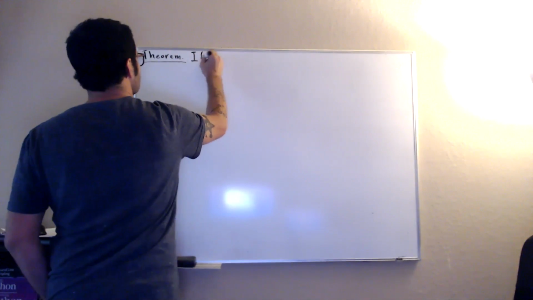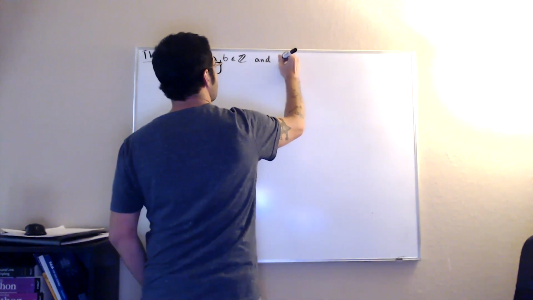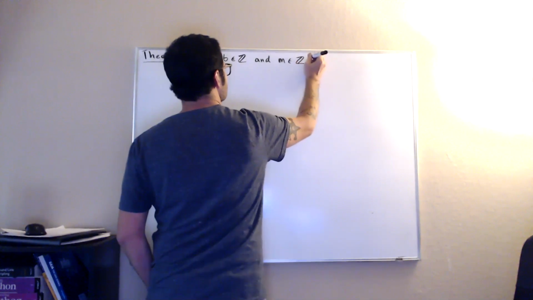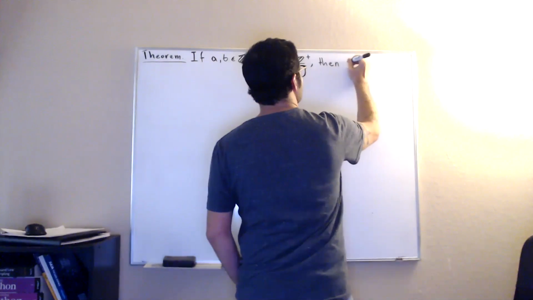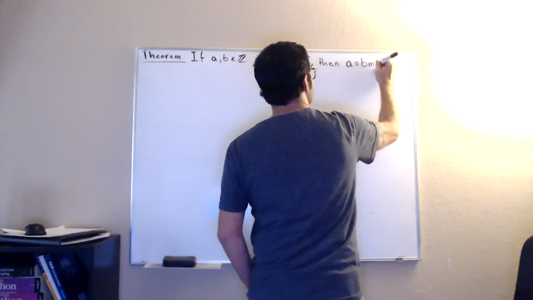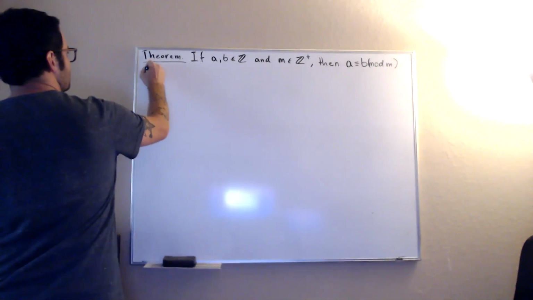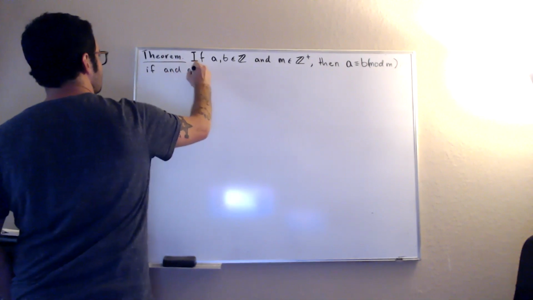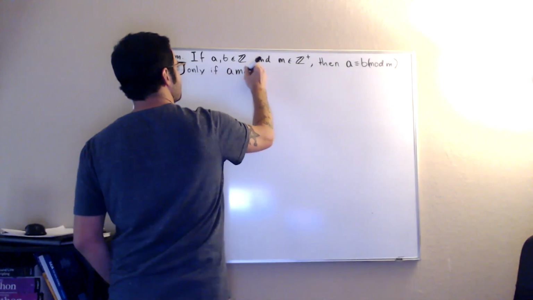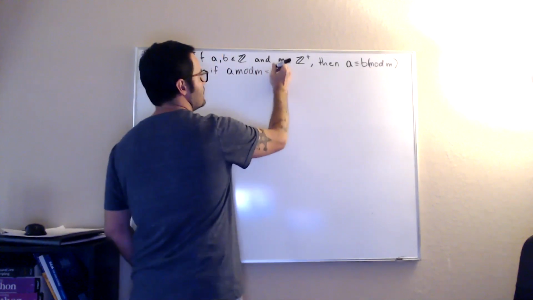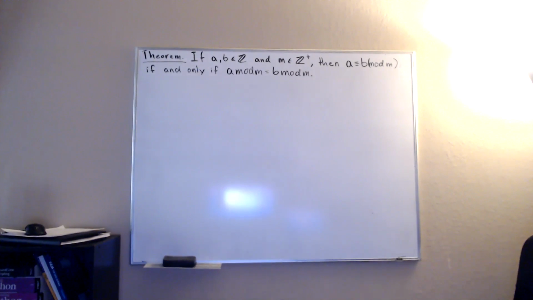So if A and B are integers and M is a positive integer, then A is congruent to B mod M, modulus M, if and only if A mod M is equal to B mod M. Okay, so these are equivalent statements.